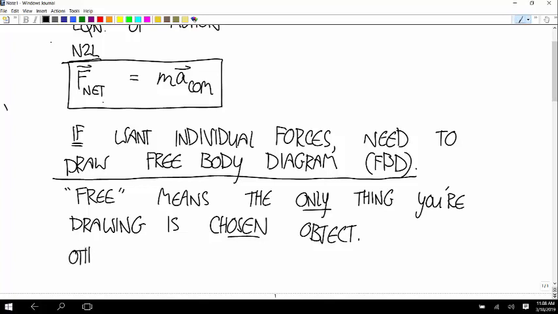Other objects, other things that are not your chosen piece of a body or collection of bodies or single body that you've chosen to analyze, only appear as forces.